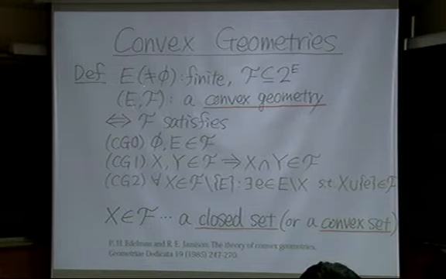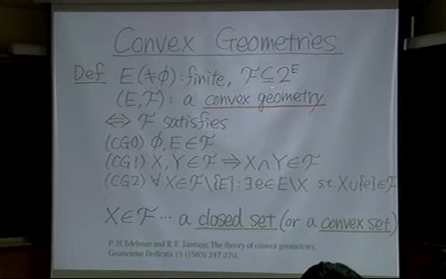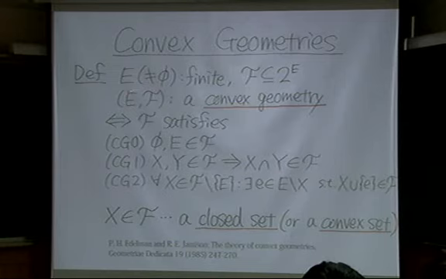Let E be a non-empty finite set, and let script F be a family of subsets of the set E. Then we call the pair (E, F) a convex geometry or an abstract convex geometry if the family F satisfies the following three properties.